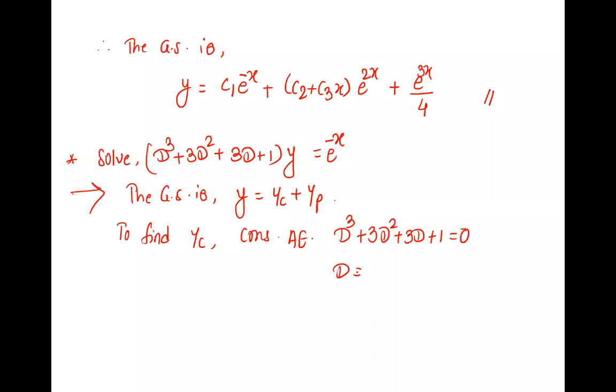Minus 1, 3 times. Everyone is correct? Yes, ma'am. Very good. So I think your calci is showing you only minus 1, right? So you are writing the same root 3 times.